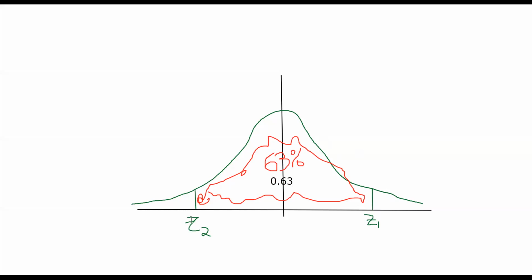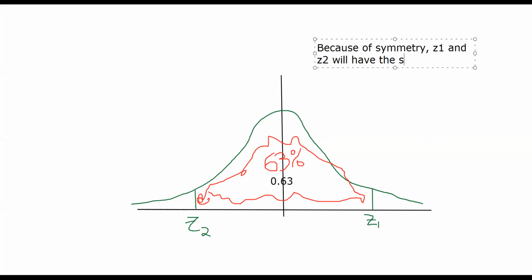Now, because of symmetry, Z1 and Z2 will have the same absolute value but different signs, just meaning one will be the positive version of the other. Because this is exactly 0.63 in the middle and the normal curve is symmetric, whatever this is, it's just going to have a negative sign slapped in front of whatever this is.